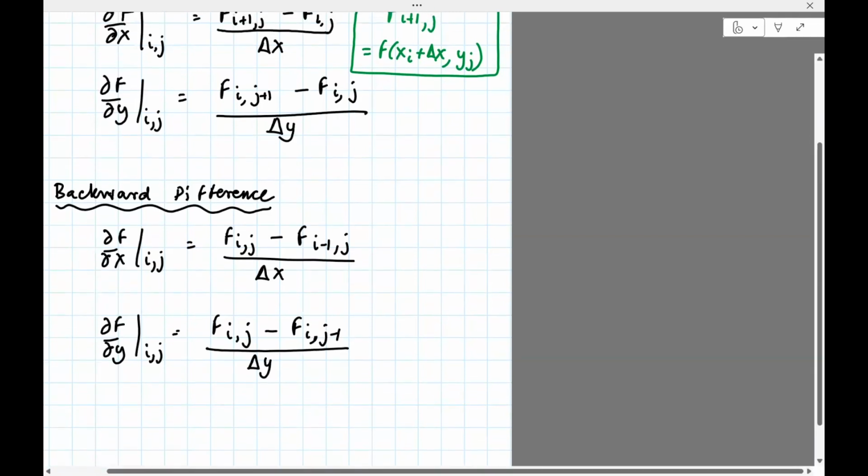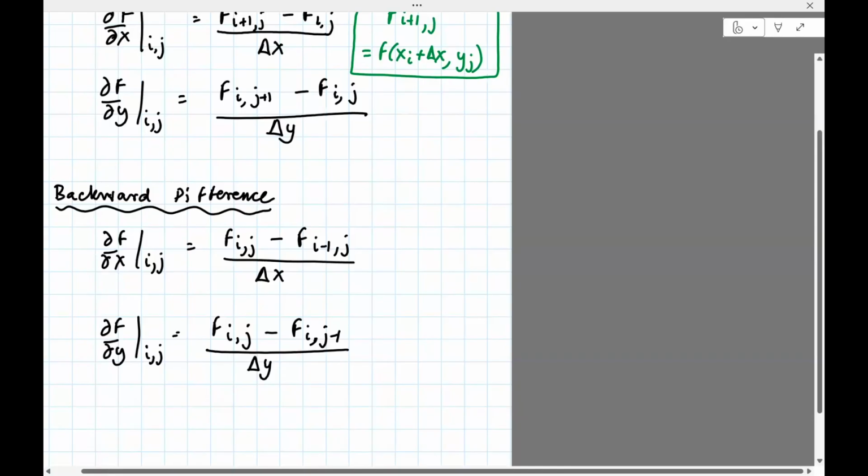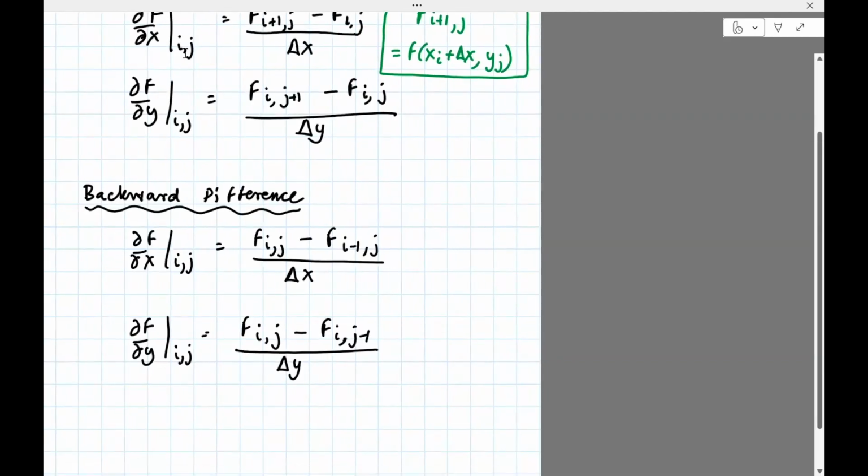Okay, so I will not write it down, but when I say f of i minus 1, that would mean x minus delta x, xi minus delta x. Okay, two more. Let's look at the central difference and then the second order second derivative.